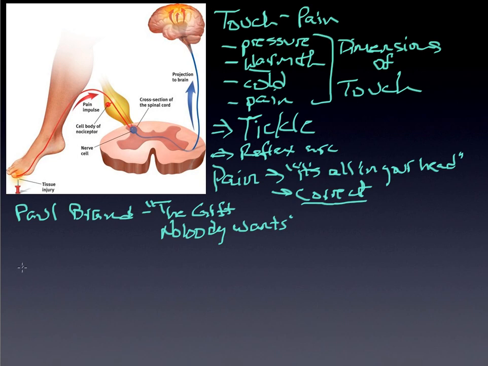As a matter of fact, a lot of times people see leprosy as a skin condition, when in fact it actually is a condition of pain receptors. Now, we don't have specific pain receptors because all of these combinations are part of touch. But it is not a skin condition.